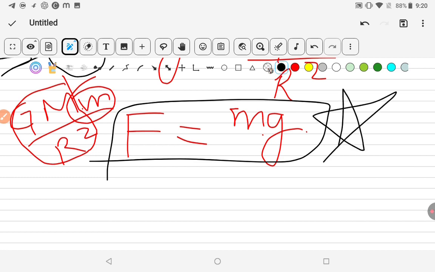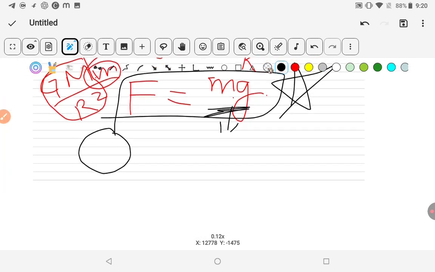Now what is this force? This is nothing but the force on an object of mass m by the Earth. Let me explain it.